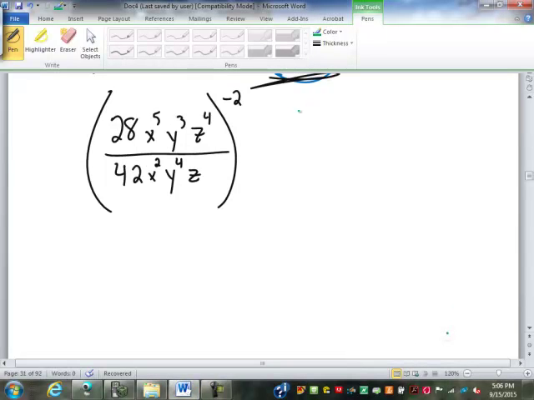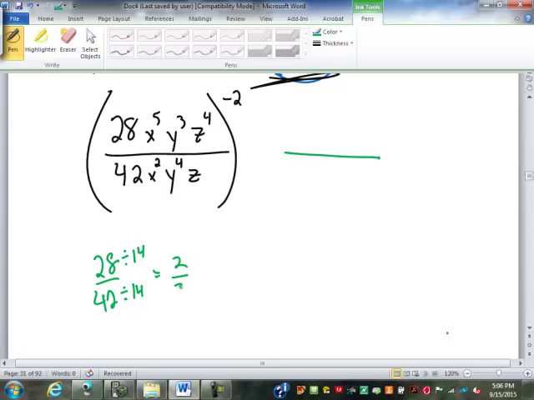Okay, so where do we start? Inside the parentheses, what can we do? Okay, well, first we should reduce. 28 and 42 can both be divided by 2, 7, or 14.